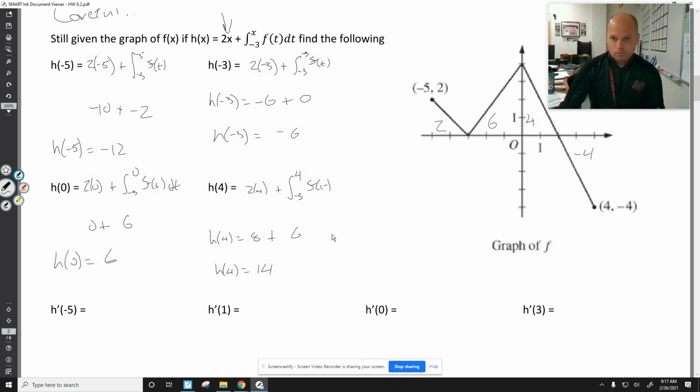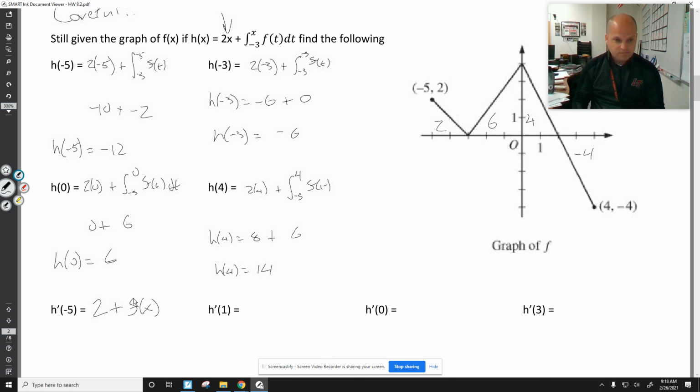Now, hopefully that makes sense. You're just plugging in values for x, evaluating. Derivatives, more complicated than it was. Why? If I take the derivative of this entire thing, I have to take the derivative of both 2x and my accumulation function. So the derivative of 2x is 2. The derivative of my accumulation function, like the derivative of my antiderivative, it makes sense, is f of x.